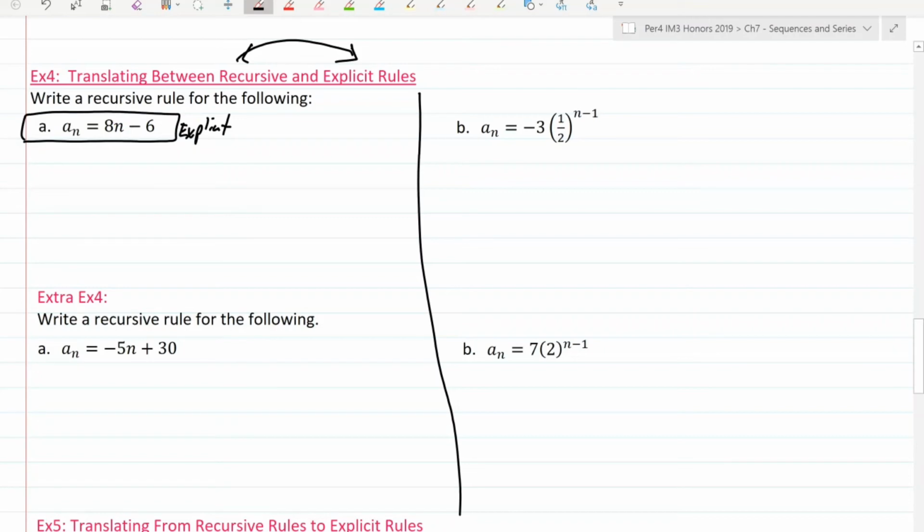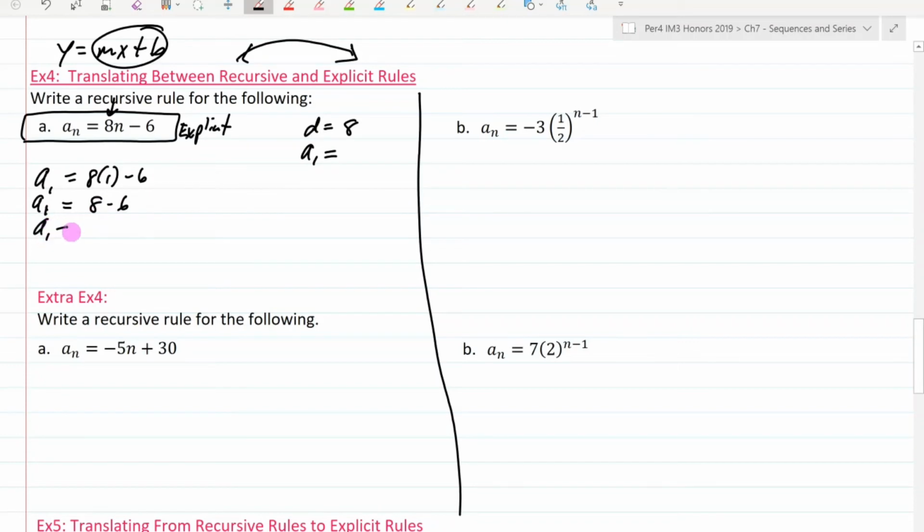For the recursive rule, all you need to know is, since this is in the y equals mx plus b form, then that's d. So d is equal to 8, and you need to know the first term. So a1 would be 8 times 1 minus 6. So a1 is equal to 8 minus 6. So the first term is 2.